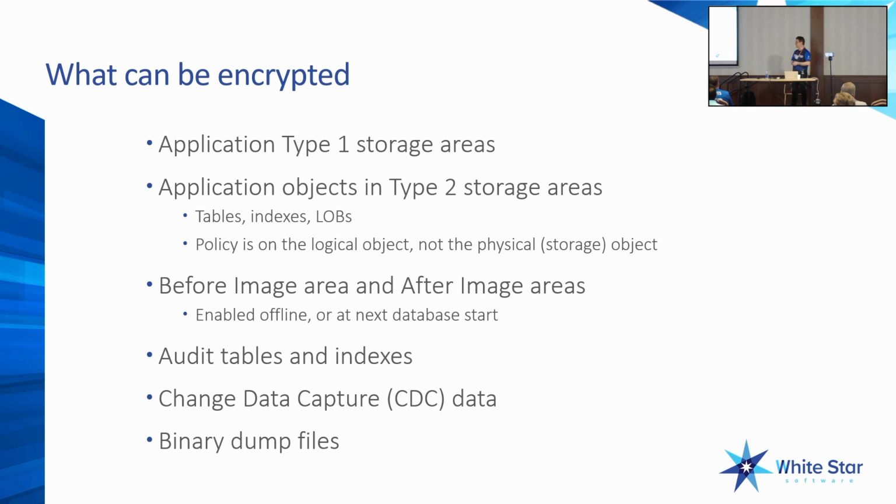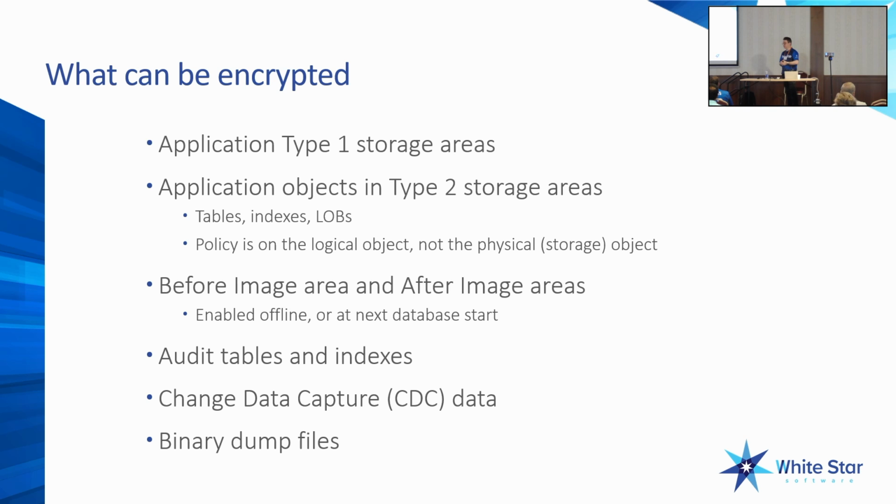So what can you encrypt? Well, here's the list. Type 1 storage areas as a whole, objects that are in type 2 areas, so that is tables, indexes, or lobs, and that refers to the logical object as a whole, not a physical storage object. So for example, if you had table partitioning, you're not encrypting each partition individually, it's the entire table or the entire index.